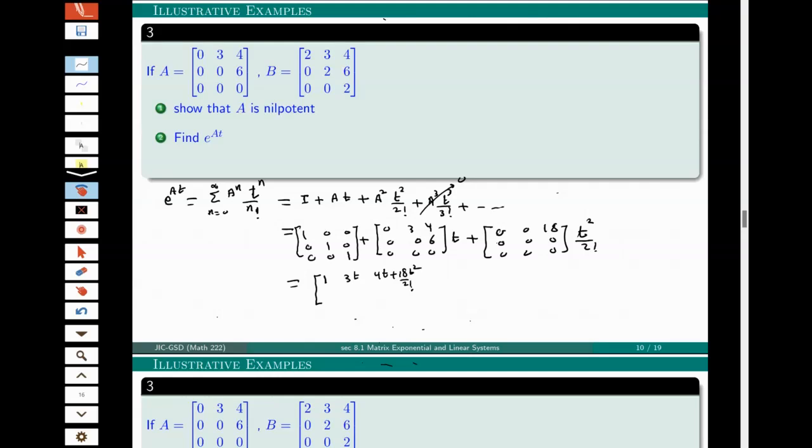Here I will have 0 and 0, all of them 0, and here I will have 1, then 0 here and 0 there. The third entry is 0, then 6t, and that is finished. Here I will have all zeros, and here it will be 1. That's what we will have as a matrix. So that is the exponential e to the power At.